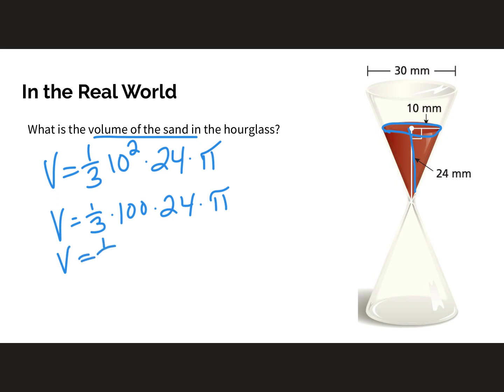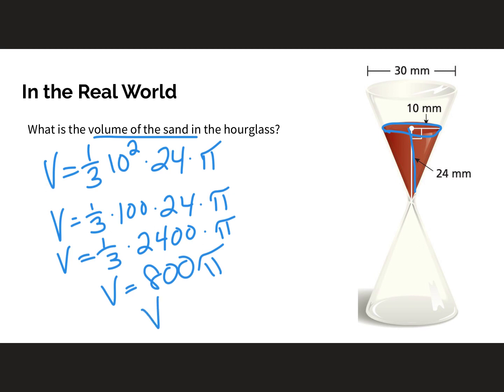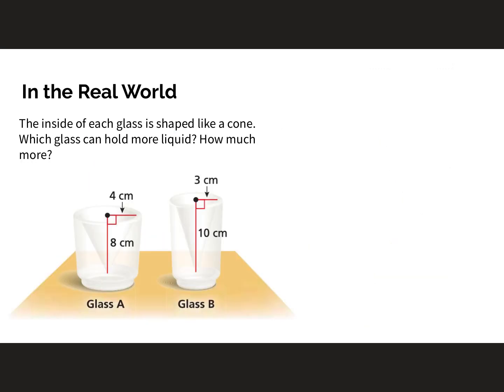So it's 1/3 of 2,400 times pi. So it's 800 times pi. And if I wanted more exact, I can do 800 times 3.14, which gives me a volume of 2,512 millimeters cubed.